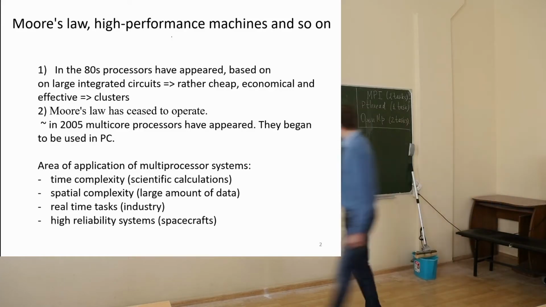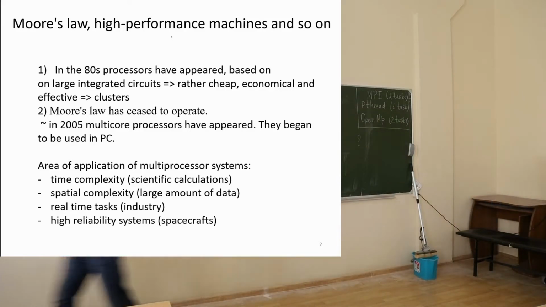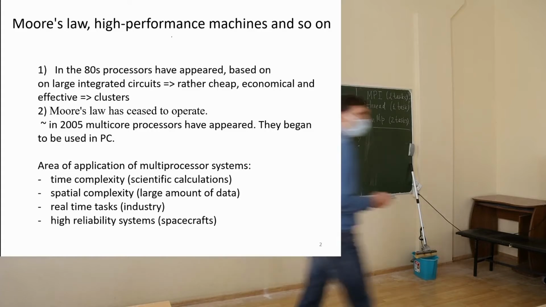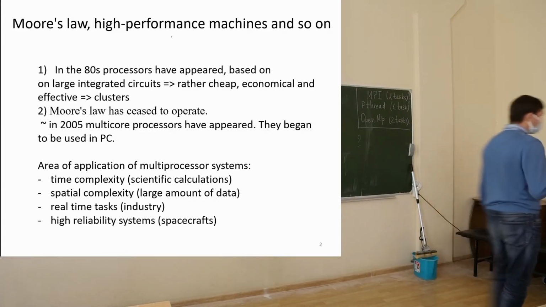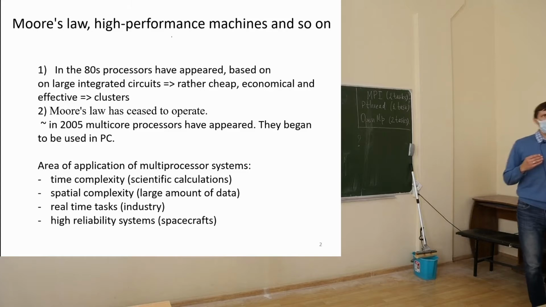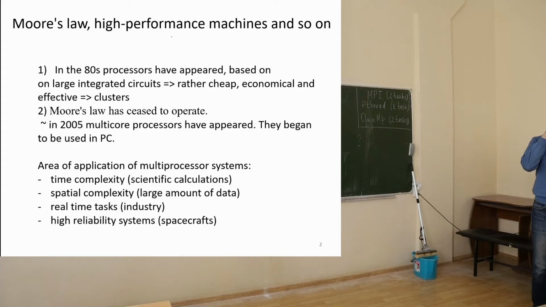Okay, this is about this issue. And another question is that Moore's law ceased to operate. So people encountered the physical border to making processors faster and faster.